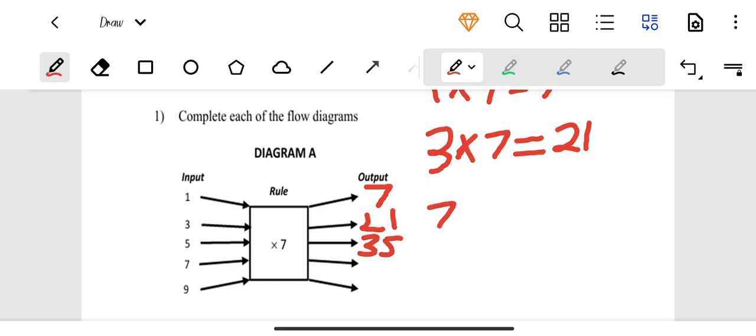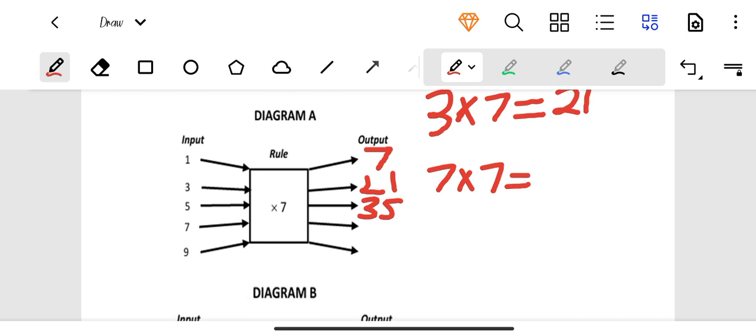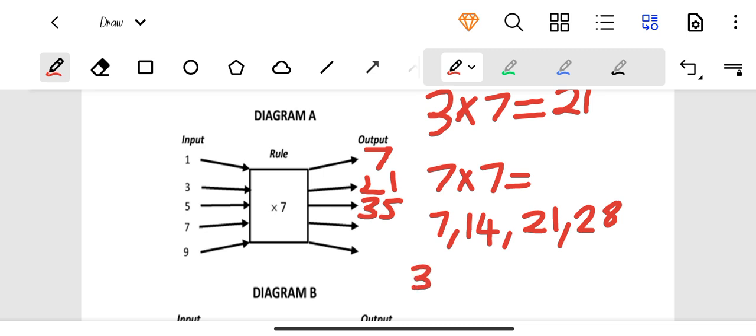The next one is 7 multiplied by 7. How am I going to do this? I'm going to say 7, 14, 21, 28. 28 plus 7 is 35. 35 plus 7 is 42. 42 plus 7 is 49. Let me check: 1, 2, 3, 4, 5, 6, 7.